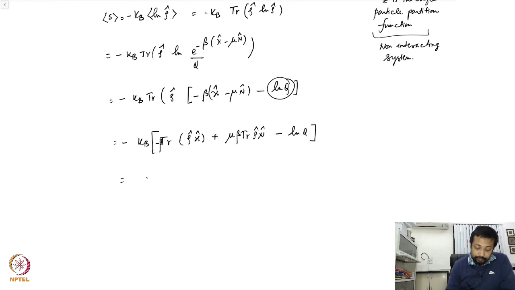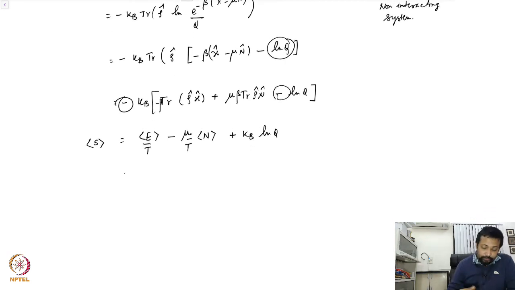So this becomes average energy by T, plus, if I now multiply throughout by minus, mu by T average of N, and this minus and this minus make it plus kB ln Q. So I have the average of E minus T times the average of S minus mu times the average of N is going to be minus kBT ln Q. And this quantity on the left hand side is the grand potential.